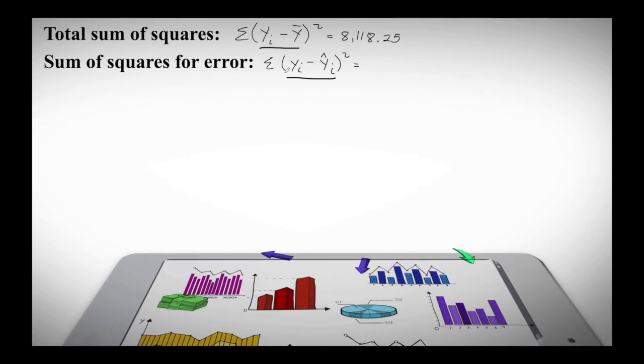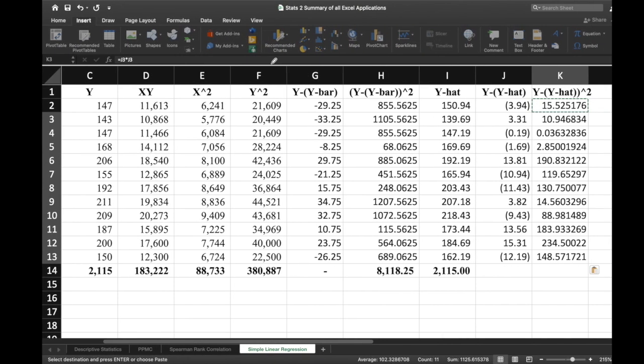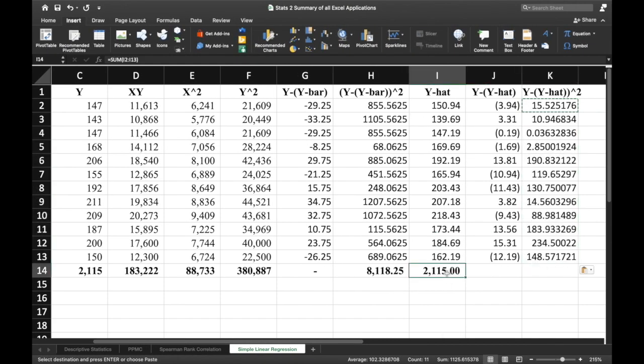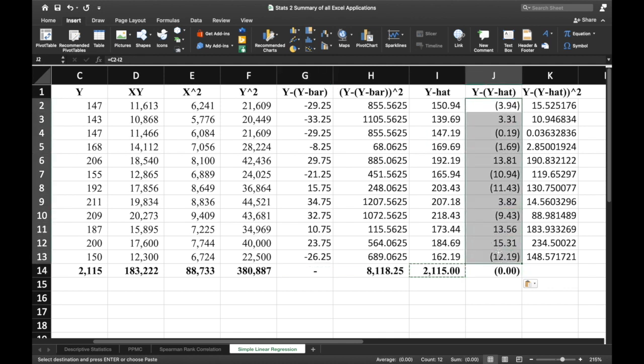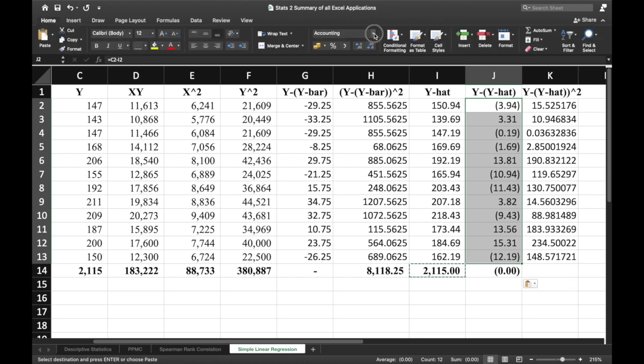Meron na po tayo. Kanina ito lang, ngayon hanggang dito na, kasama na yung squared. And we need to find now the summation. So, kopyahin natin ito. Kung gusto nyo, summation na rin ito, pwede naman, pero wala kasi siyang purpose. Zero. Tignan natin itong general form. Parang hindi siya parenthesis, naka-accounting form kasi.